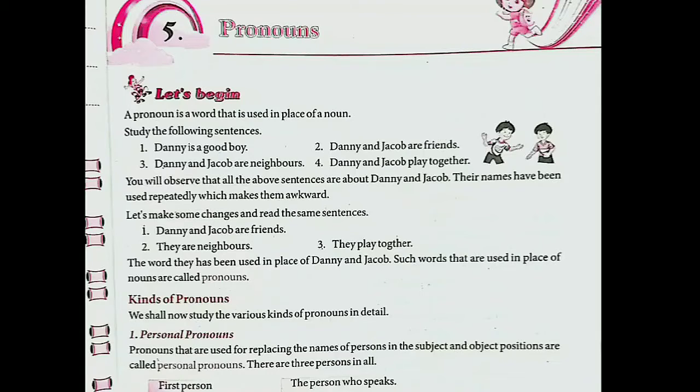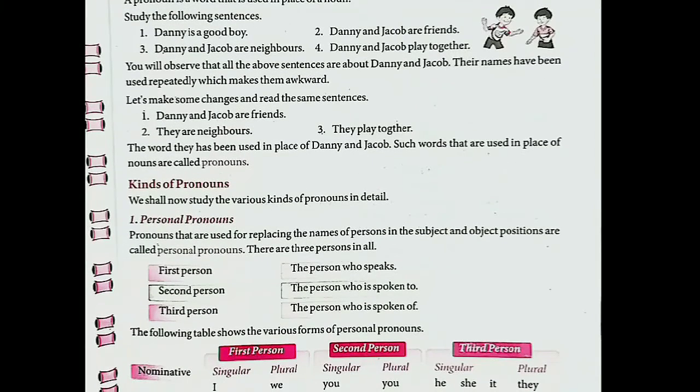There are 3 persons in all: first person, second person and third person. The first person is the person who speaks. The second person is the person who is spoken to, means the person to whom the thing is told.